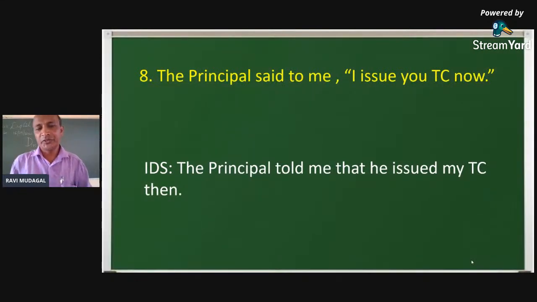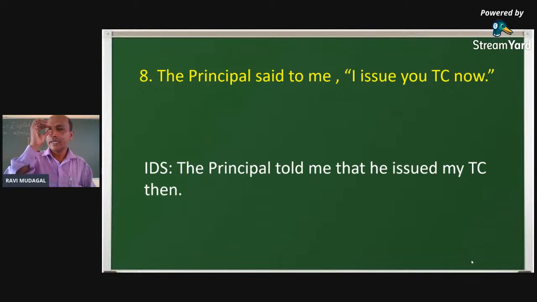This is the direct speech. In indirect speech, the principal told me that he issued my TC then. As I told you, while changing direct speech into indirect speech, said to is changed to told, and the simple present tense is changed to simple past tense.